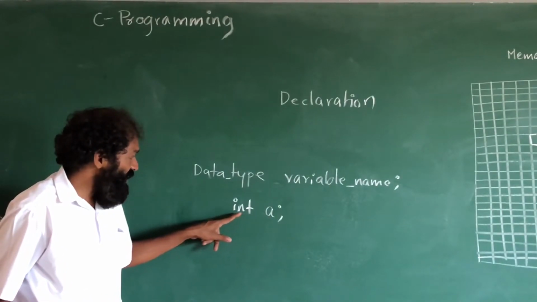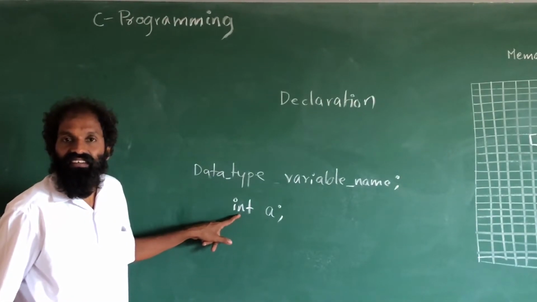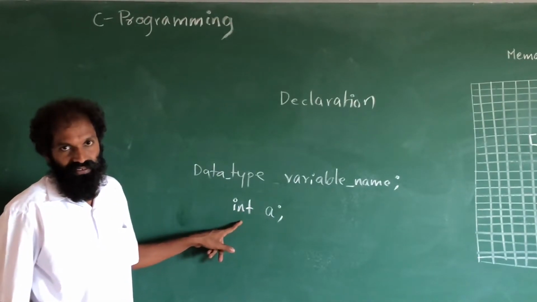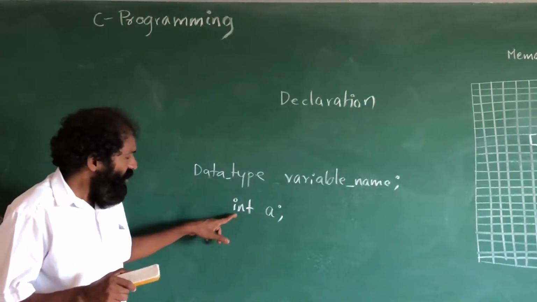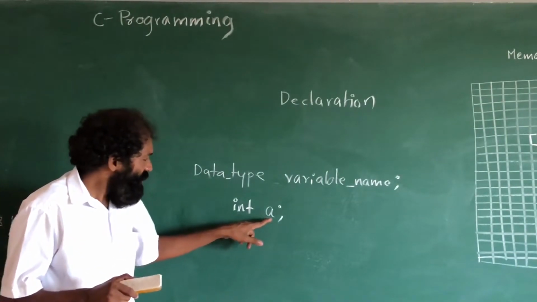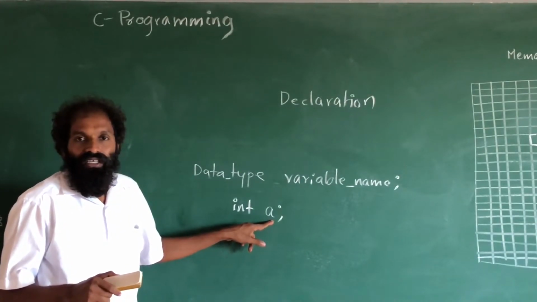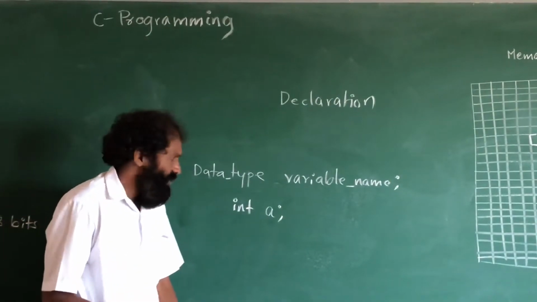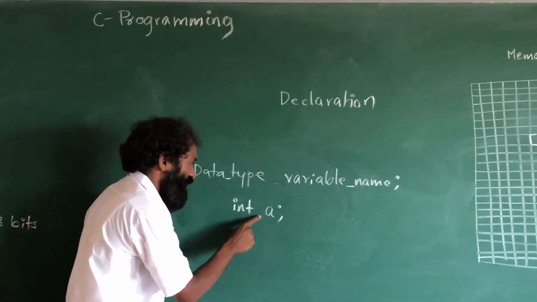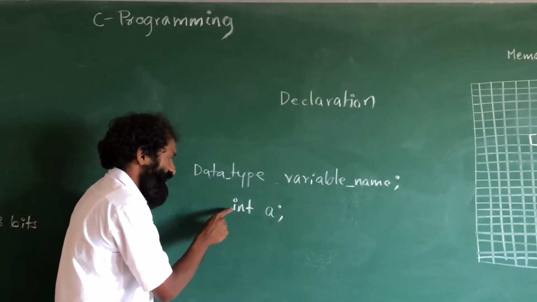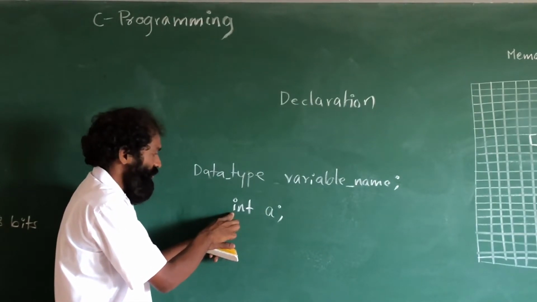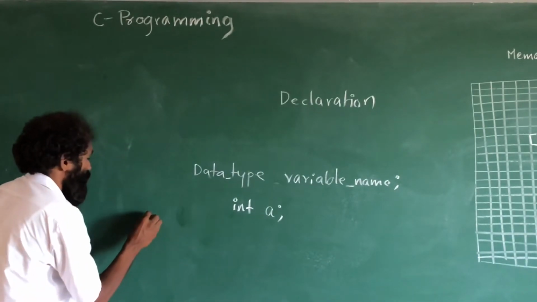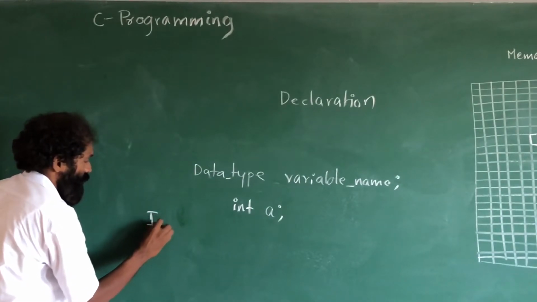Now A is a variable name. This int is the data type. You remember these words. This is called data type. This is called variable. If you want to declare a variable, we have to give a semicolon here. This should be lowercase. It means we cannot write int like this with capital letters.